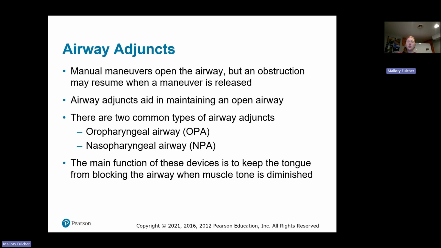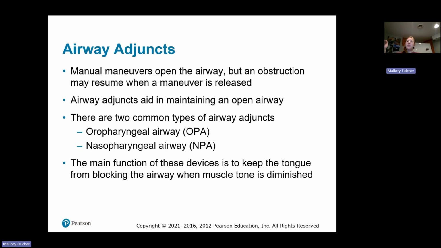If I were to say which one goes in the nose, hopefully you would say the nasopharyngeal airway, right? I do understand that it's hard to remember nasopharyngeal or oropharyngeal. It's a weird word that we don't use very often. OPA is completely acceptable in this class, and so is NPA.